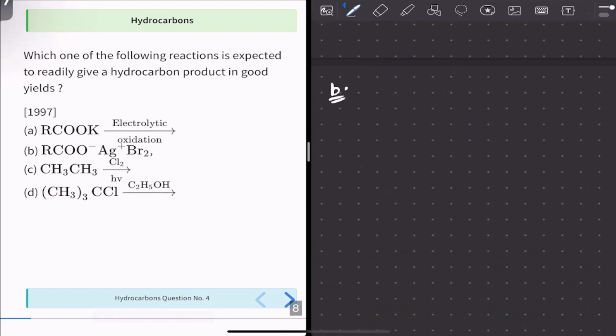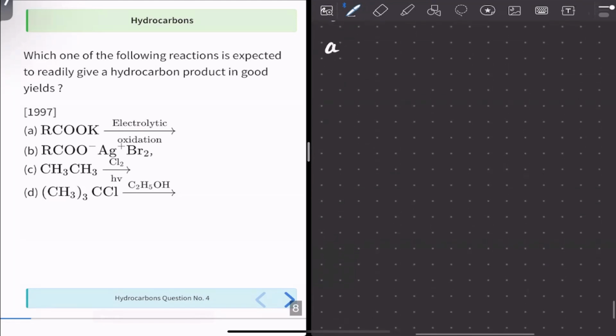Option B will be taught in 12th class. So I'm not touching option B because you can't understand the mechanism here. So let's look at option A, RCOOK, electrolysis, electrolytic oxidation.